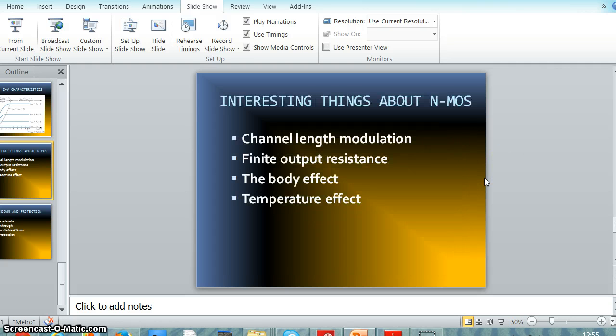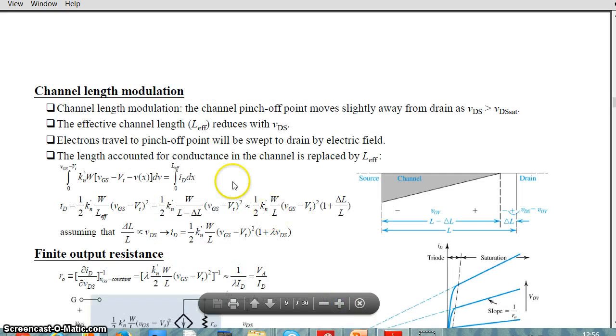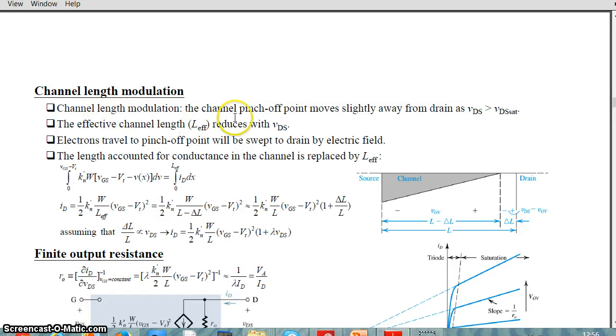Now we go to some interesting things about NMOS: channel length modulation, finite output resistance, the body effect, and temperature effect. Channel length modulation is in fact the channel pinch-off point moving slightly away from the drain as the drain voltage becomes greater than the saturation drain voltage.